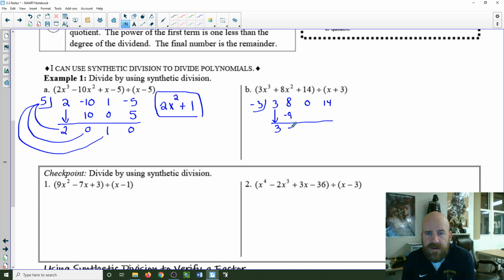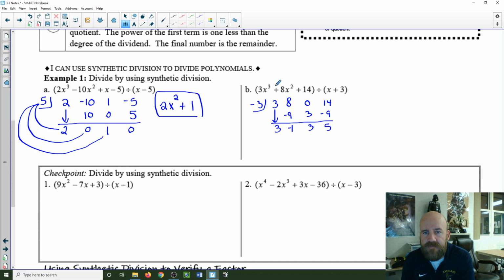Add them, we get -1. -3 times -1 is 3. We add, and -3 times 3 is -9. Add them up, we get 5. So as long as we have that placeholder, we're going to have the right answer. If we don't have it, it's going to be something completely different.